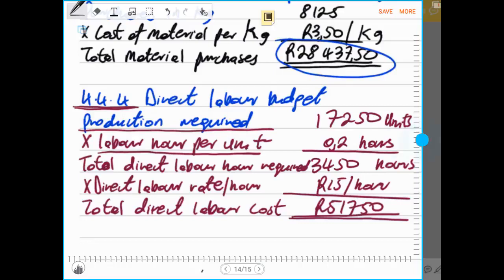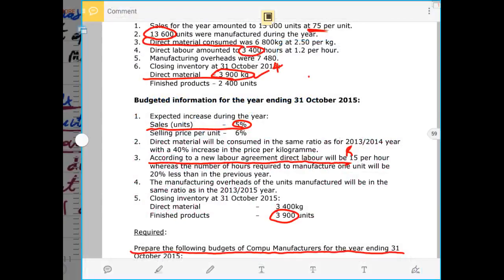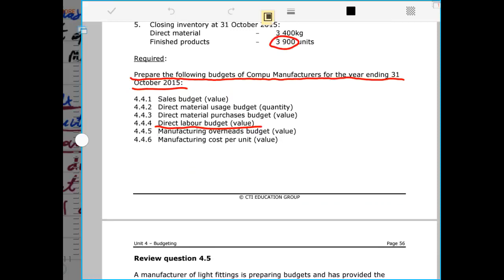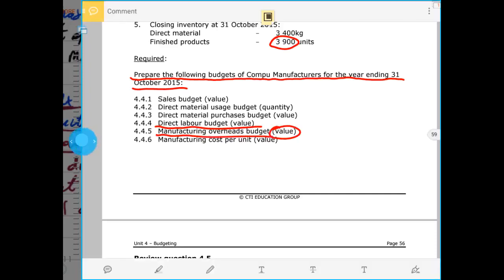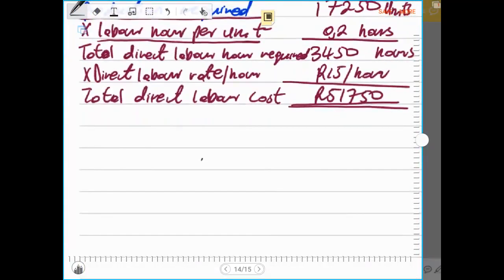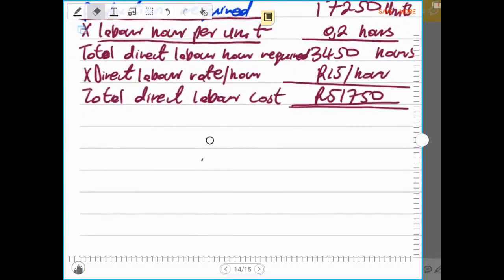Then the next requirement tells us that we should calculate the manufacturing overheads budget, which is in value. The manufacturing overheads budget also starts with the production required.